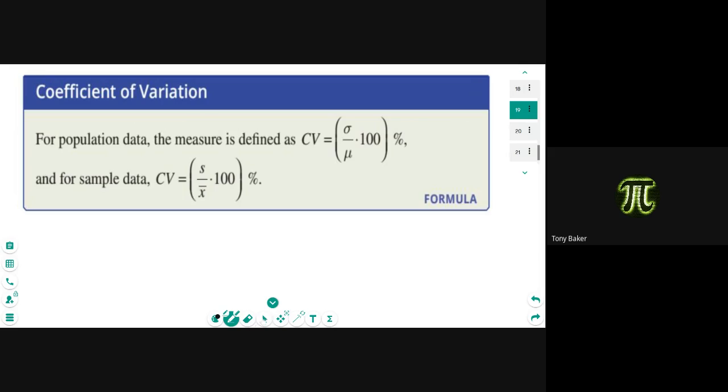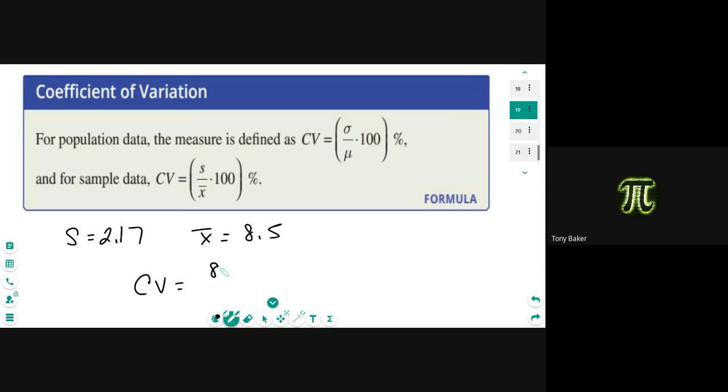So in the last problem, my standard deviation was 2.17 and my mean was 8.5. This formula you have to do out.